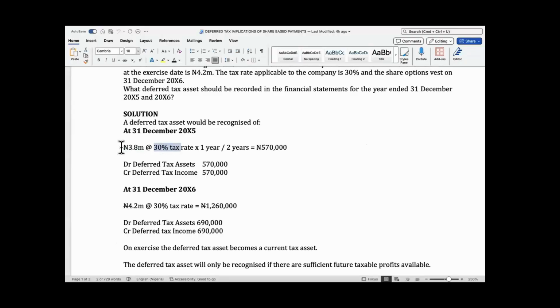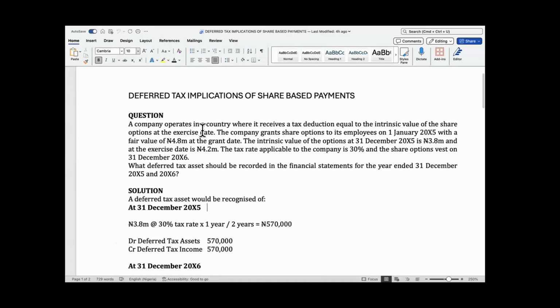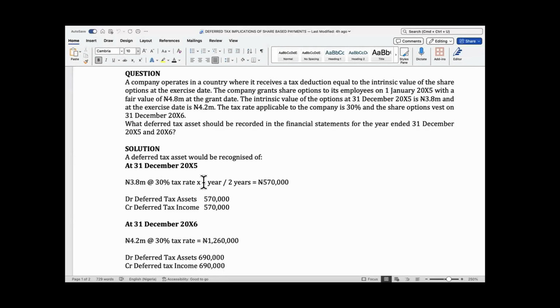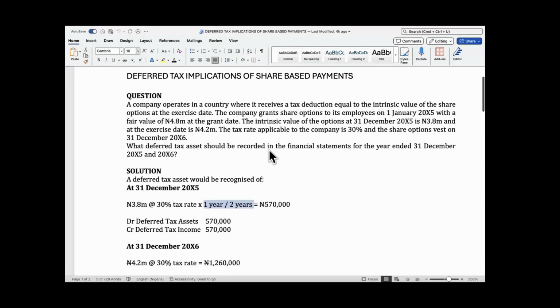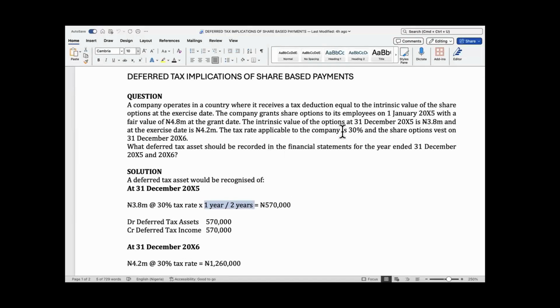But this intrinsic value, remember, is the estimate of what you would give to the employee at the vesting date. So it's a cumulative sum. So if you want to get the deferred tax that relates to year one alone, you need to prorate it by 1/2, because the vesting period is 2 years.